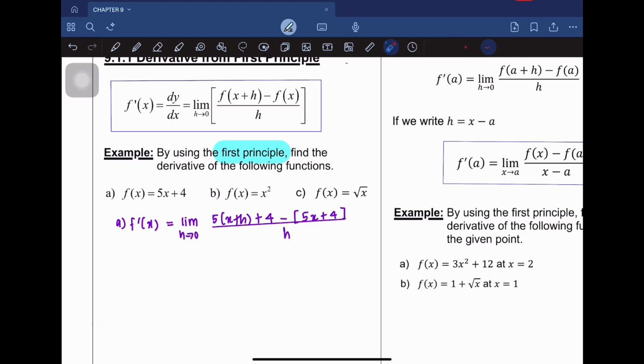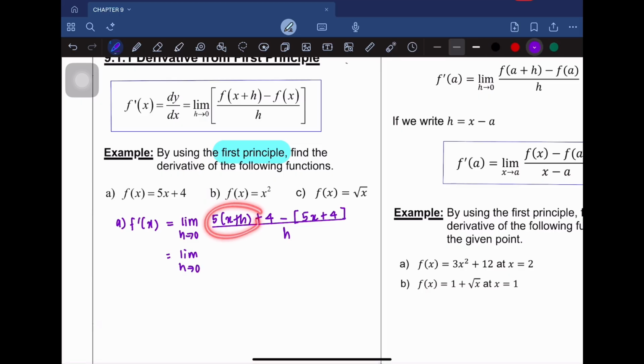Okay, so let's say korang masukkan value h equal to 0 dalam sini dan sini, apa yang awak akan dapat? Awak akan dapat 0 over 0. So remember, in chapter 8, kalau 0 over 0 ada dua cara yang awak boleh pakai, which is factorization, and second one is multiplication of conjugate. So this one obviously tak ada surd kan, so we are going to use the factorization method. So apa yang berlaku, kita akan expand dulu apa yang boleh, sebab kita nak tengok ada tak yang kita boleh cancel out ataupun simplify.